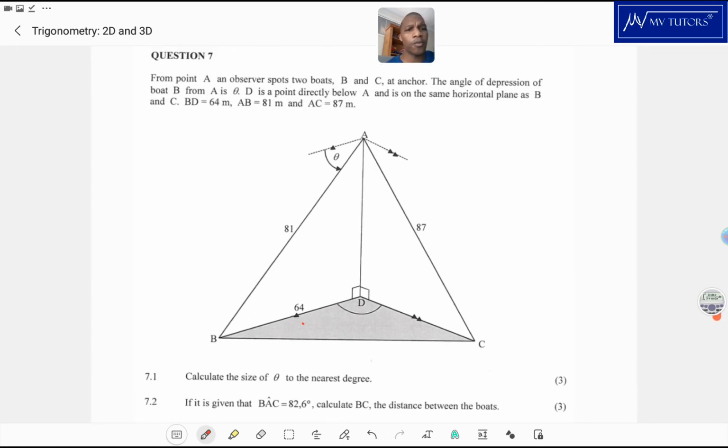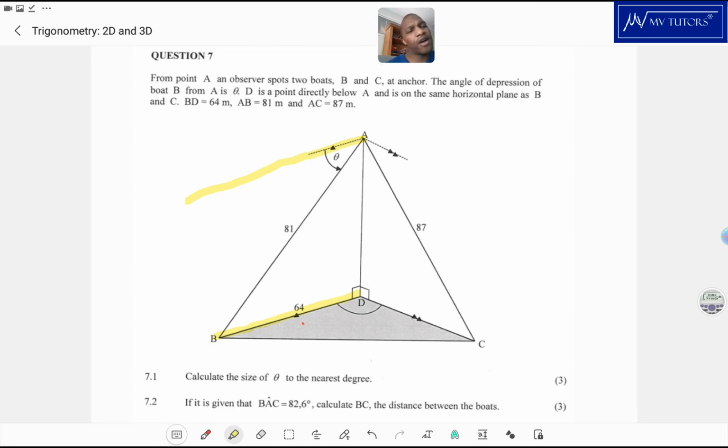One thing you should note is that we have parallel lines here. So BD, let me just highlight the parallel lines. BD is parallel to A whatever.